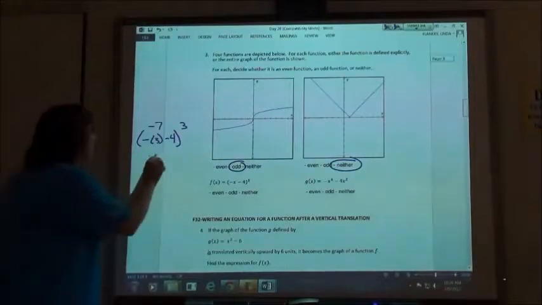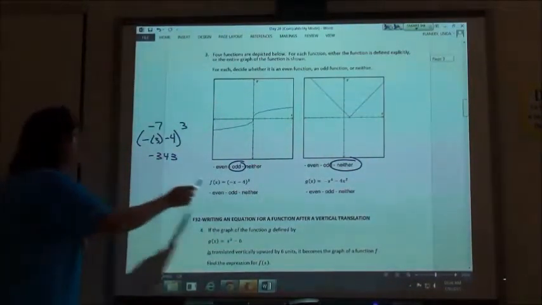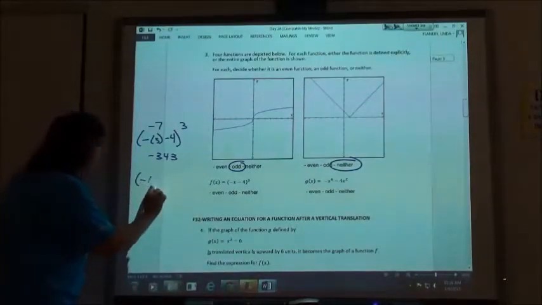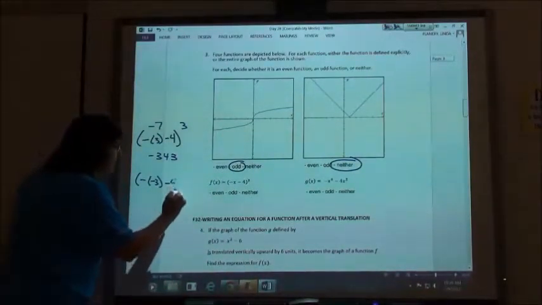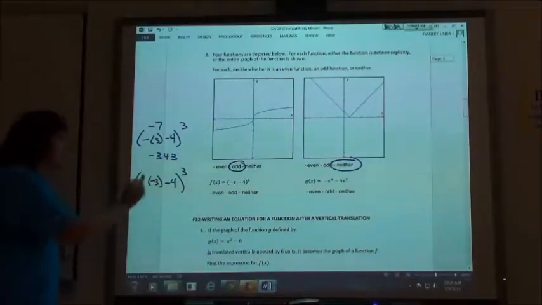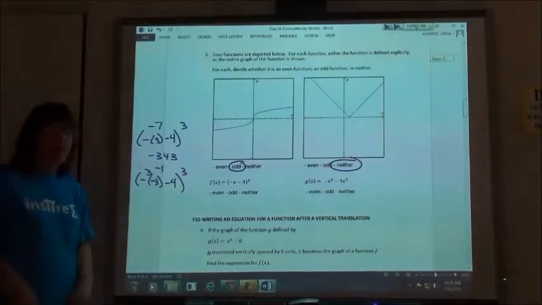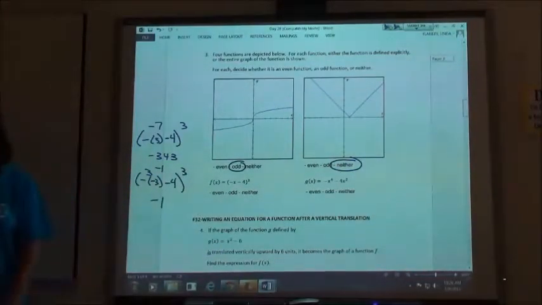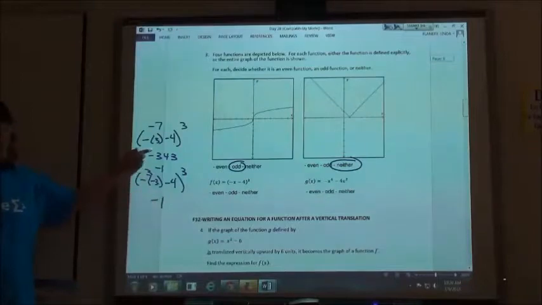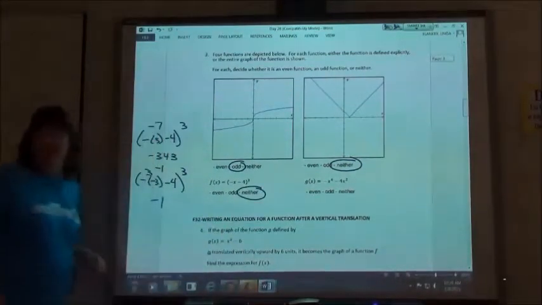Negative 343? Sounds right. On the second part, if I put the negative 3 in there, I'm going to have minus a negative 3 minus 4 cubed. When I do minus a negative, that makes that a positive 3. 3 minus 4 is negative 1, and negative 1 cubed is negative 1. You can see I get 2 answers that have absolutely nothing in common. This one's going to be a neither function.